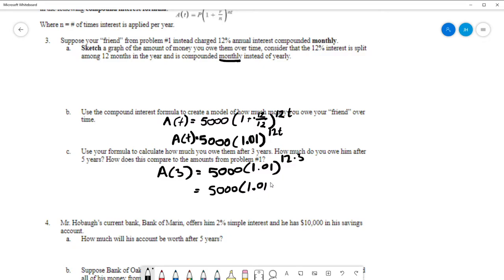Now you don't really have to do this in between adding up and multiplying that I'm doing, but you'll find that it can make it simpler when you're plugging it into a calculator. So now let's go ahead and plug this into a calculator and we'll see what we get.